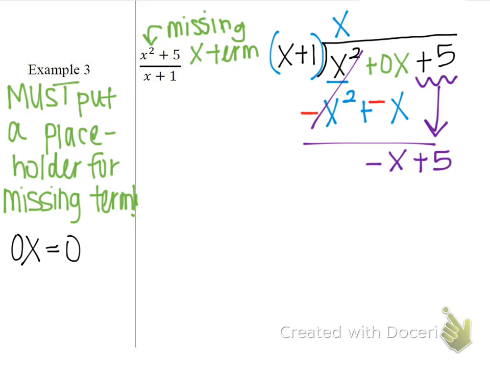Okay, now I have x times what gives me negative x? Negative 1. So that's negative x, and negative 1 times 1 is minus 1. Change the signs, so that becomes positive, and the 1 becomes positive.